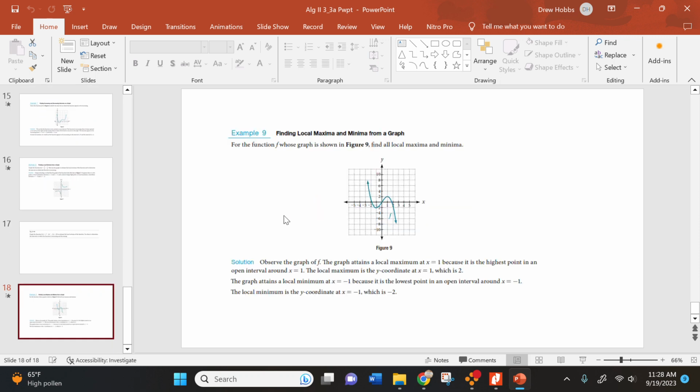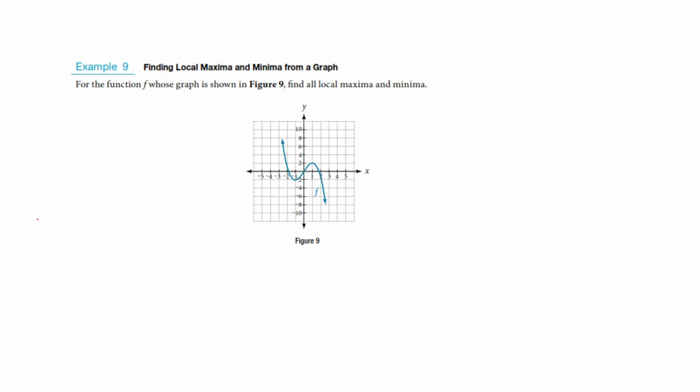Ugh, it's going to make me do all that again. Sorry, everyone. Okay, so we were first finding the min and the max. So I'm at the bottom of a hill at the point -1, -2. I was at the top of a hill at this point, 1, 2.